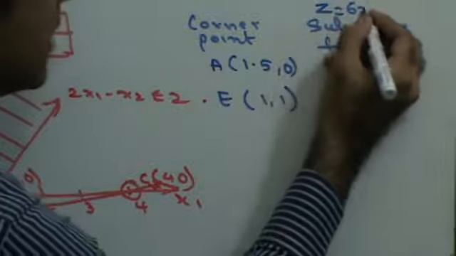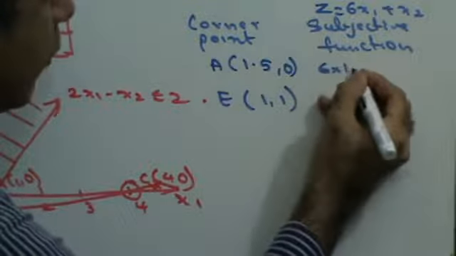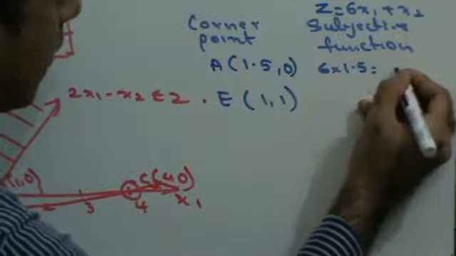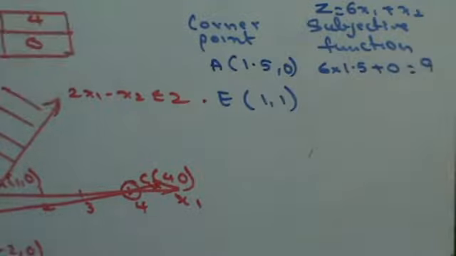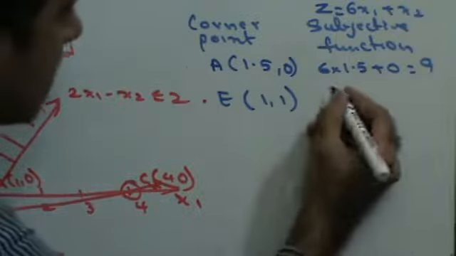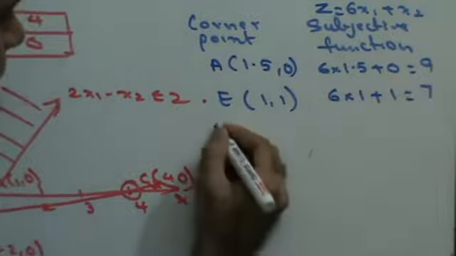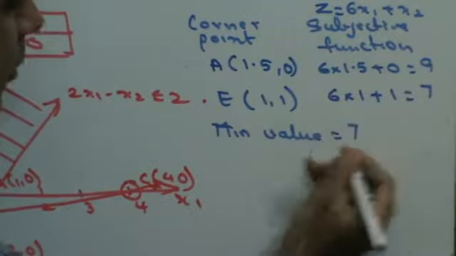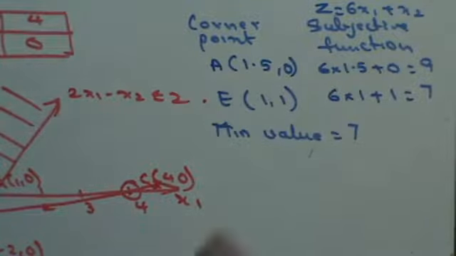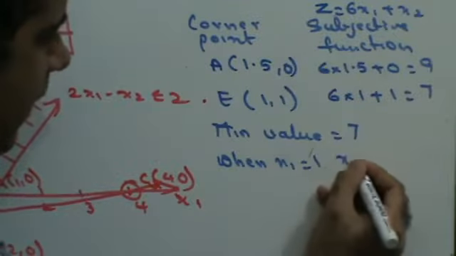Z is equal to 6x1 plus x2. So this is going to be 6 into 1.5 plus 0. That's going to be 9. And this is going to be 6 into 1 plus 1. That's 7. So you would say therefore minimum value is equal to 7 when x1 is equal to 1 and x2 is equal to 1.